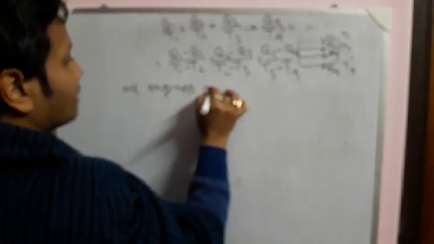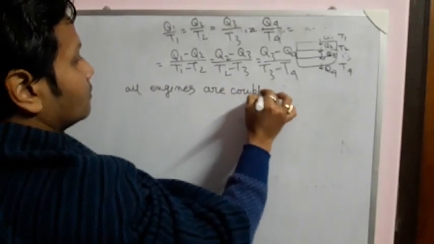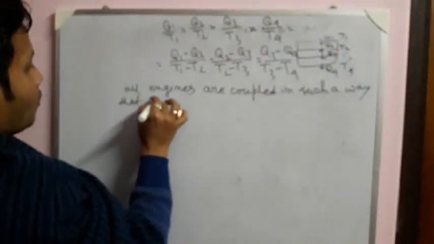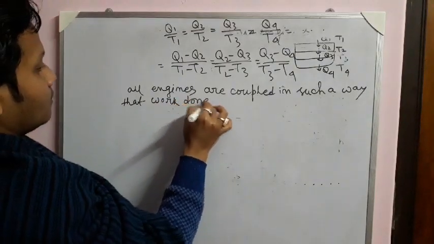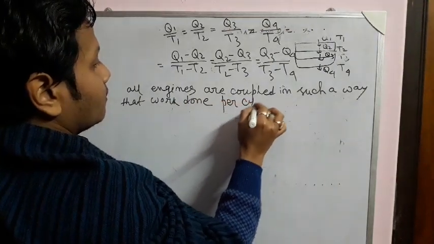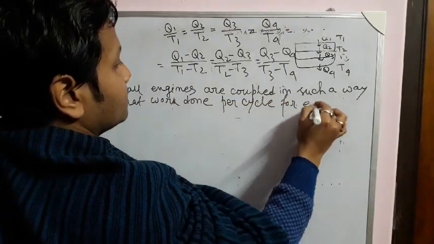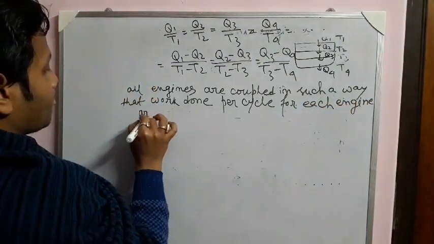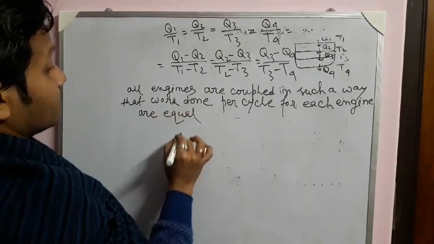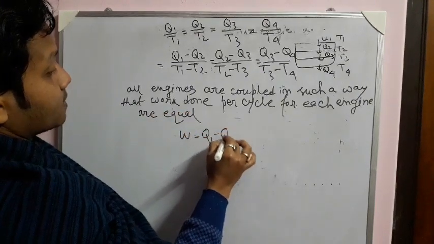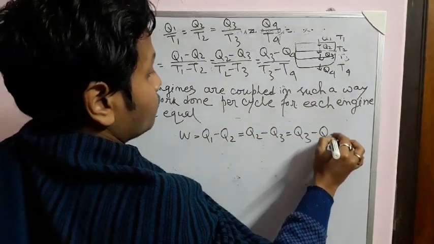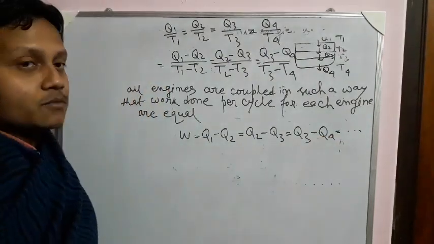All engines are coupled in such a way that the work done per cycle for each engine is equal. That means W equals Q1 minus Q2 equals Q2 minus Q3 equals Q3 minus Q4. That is the assumption we have to make.